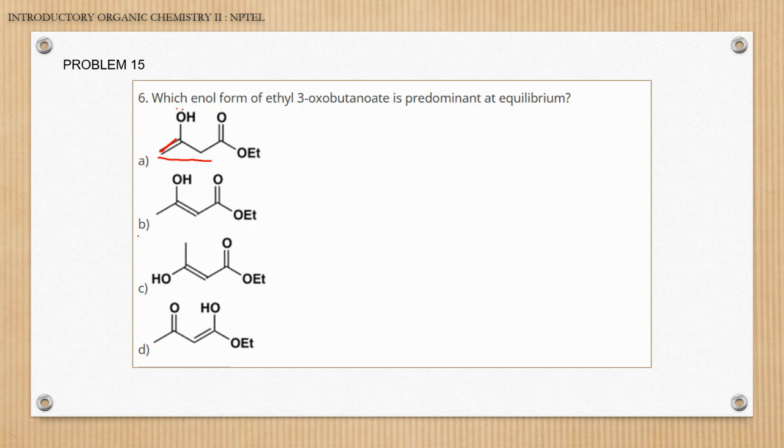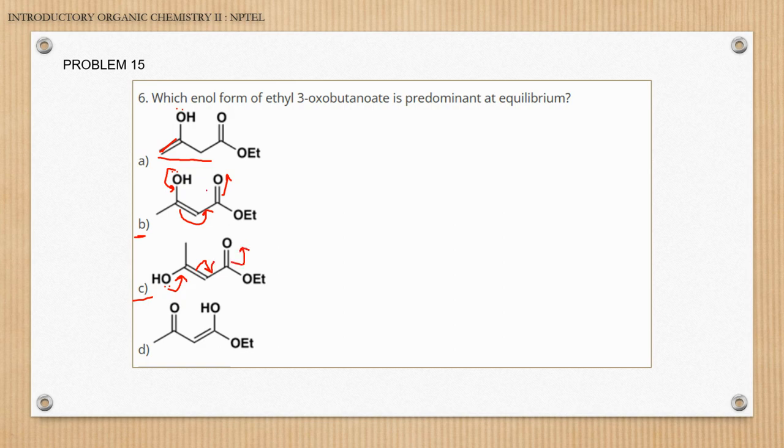Coming to option number two, if this lone pair comes down, you have delocalization with this carbonyl carbon. In this case also, a similar form is present, so there is delocalization in a similar way.